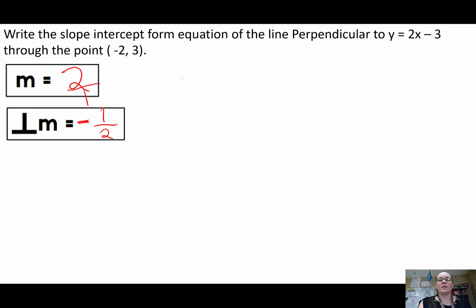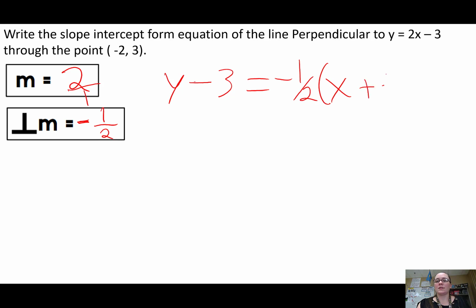So I've got my point, and I'm going to plug in. So we get y minus 3 is equal to -1/2 times x plus 2. Let me redo that too. There we go.